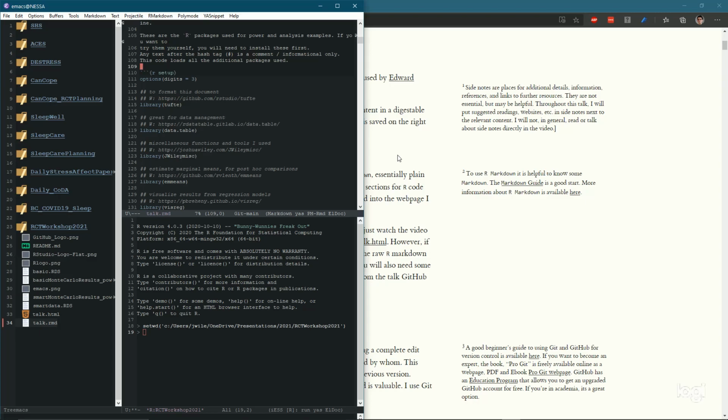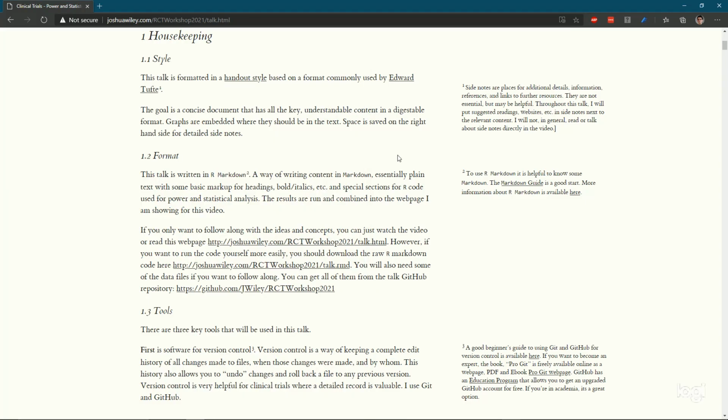And the benefit of this is there's no risk of copy and paste errors. This also improves reproducibility, and it's a great format or tool to use for analyses and reports in general. And it's just something I highly recommend for clinical trials, as it allows you to have both the code, the output, and any description or write-up about it all in one place, all reproducible.